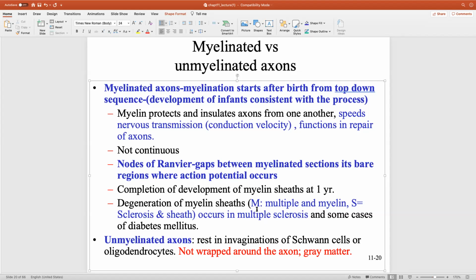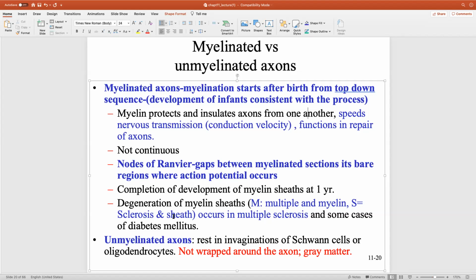This is different. MS is an autoimmune disease where autoimmune antibodies start attacking our own myelin sheathing. How can you tell, so that you don't hopefully get these two diseases confused? It's simple. MS for multiple sclerosis, MS for myelin sheath.